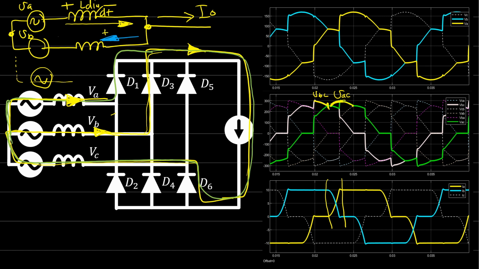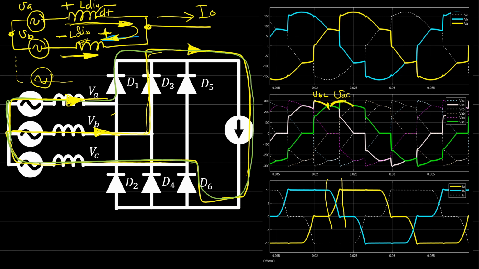Plus minus L dIB by dt. The current IB will be decreasing, but there is a circulating current here in this direction, so the polarity of the voltage across this inductor will be reversed.